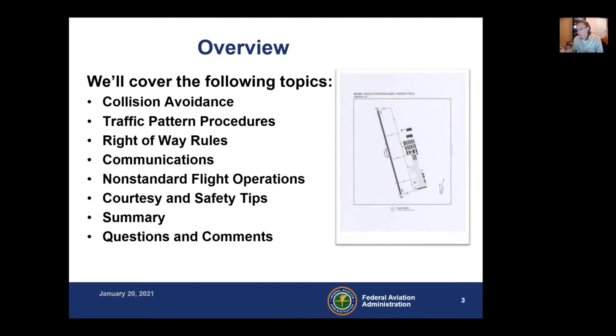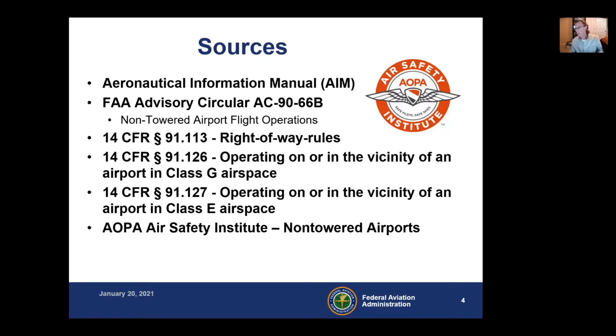What is appropriate at one airport may not work at the next airfield. So, of course, in our review, we're going to talk about regulatory requirements and proper traffic pattern techniques as referenced in the Aeronautical Information Manual, Advisory Circular AC 90-66B, and also I went through AOPA's Safety Advisory Operations at Non-Towered Airports, which I found to be a wealth of knowledge.